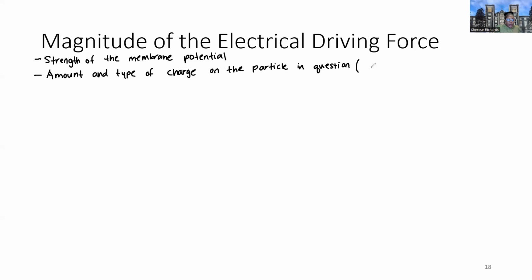And that means whether it's a cation or anion, so cation versus anion, that's the type of charge, or whether it is monovalent versus being divalent.